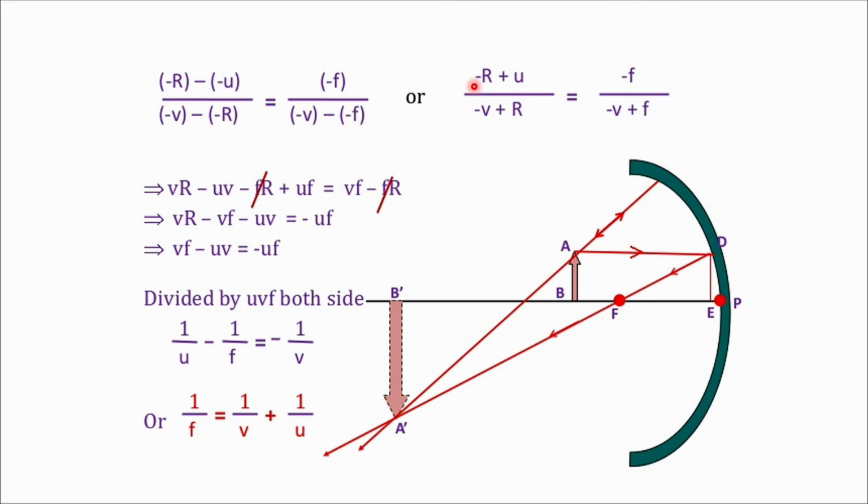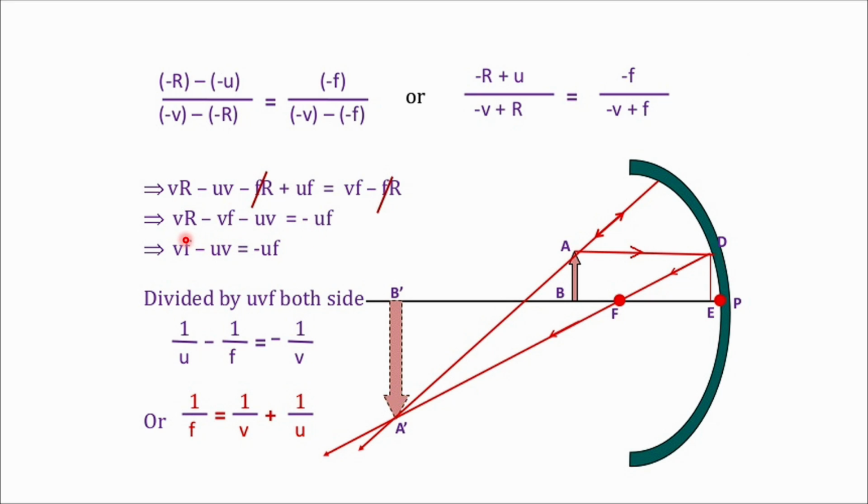You will get minus R plus U divided by minus V plus R equal to minus F divided by minus V plus F. Cross multiplying, you will get V into R minus U into V minus F into R plus U into F equal to VF minus F into R. This F into R gets cancelled each other.